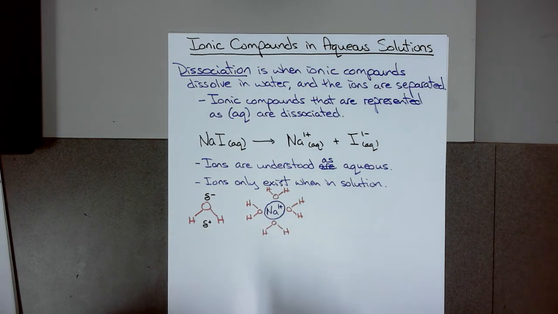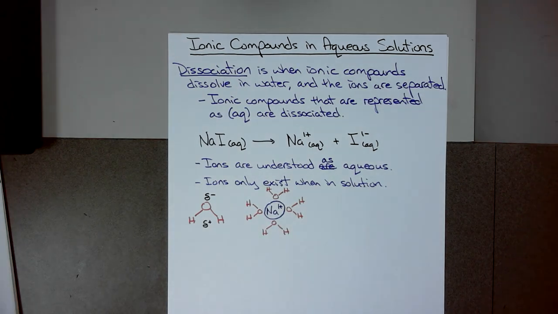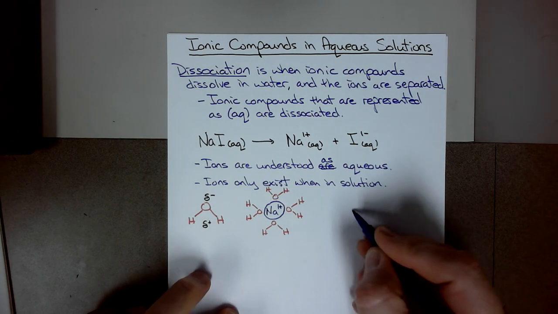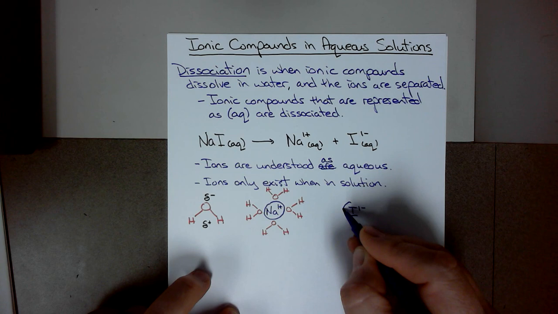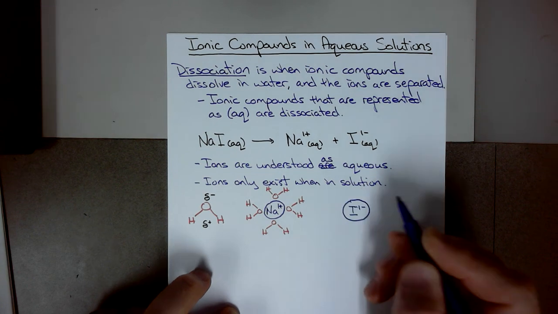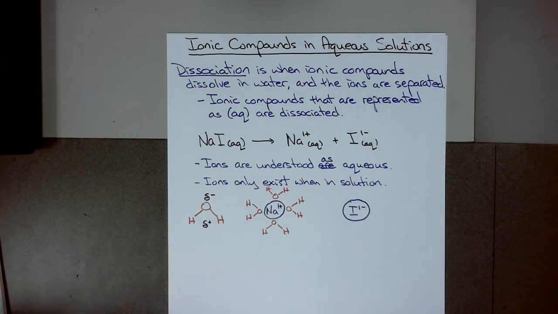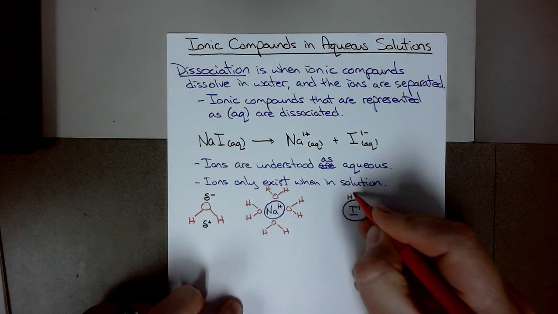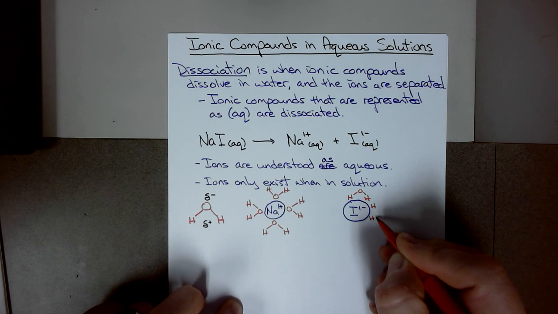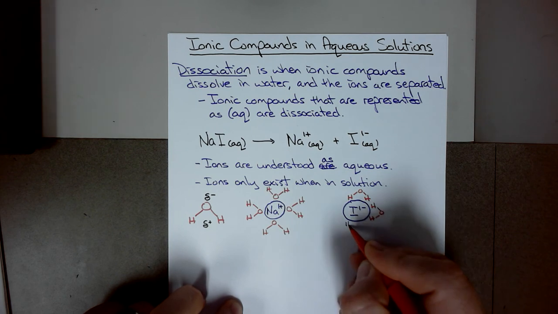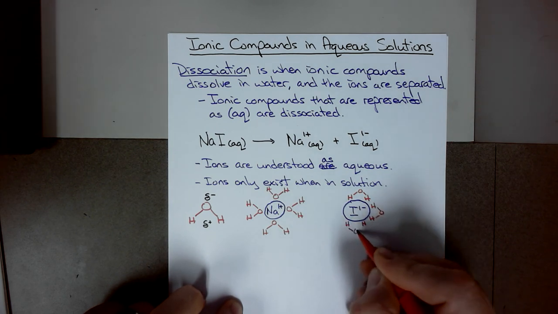And then the iodide ion over here is also surrounded by water, but it's surrounded by the other, or partially positive end of water. So water creates what are called solvation cages around these ions, and you can think of them as protecting the ions.